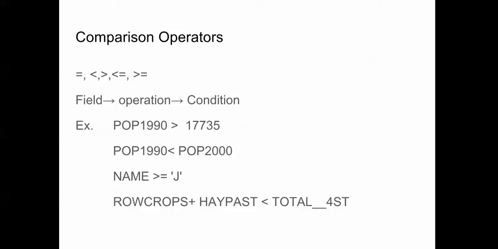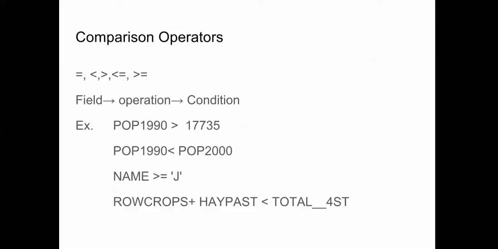equal to J. We could also use somewhat more complex comparison operators where we calculate a group of fields or a field plus a value and compare it to another field. So we'll see this one when we get into ARC. We have our HUC 12 areas and their land use in acres has been calculated.